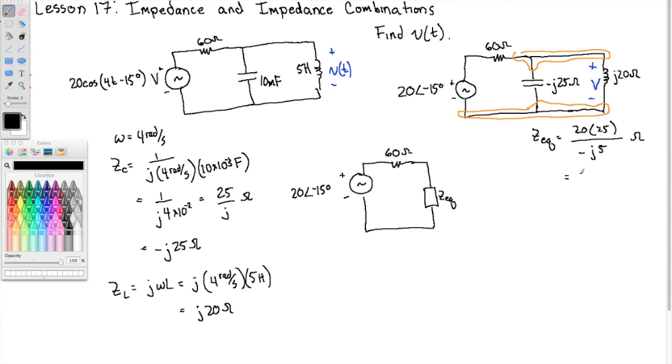So I've got, what is this, 100 over minus j ohms? Yes. And so this, if I bring the j up, makes positive 100j.